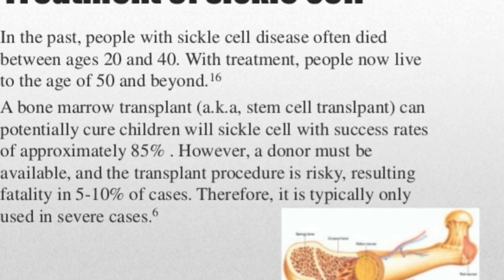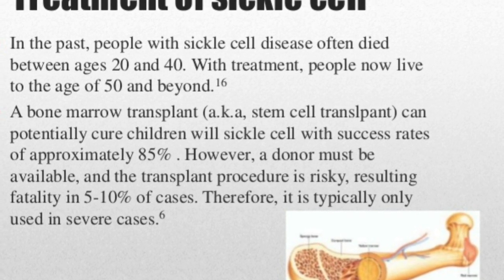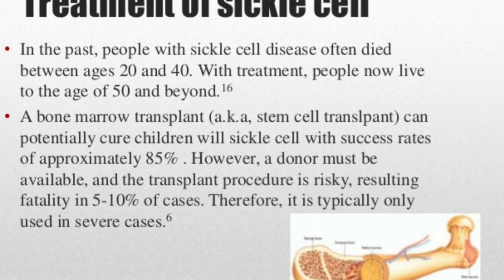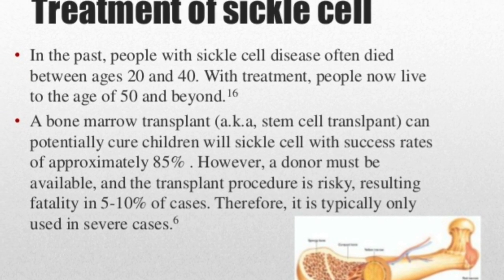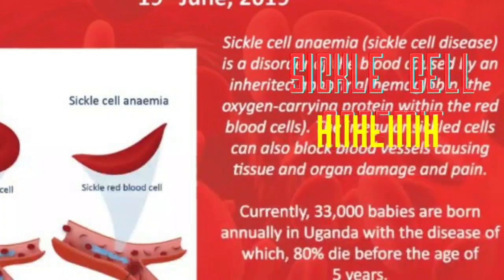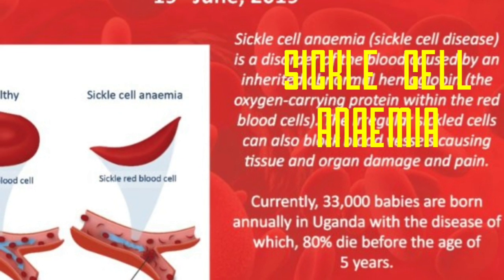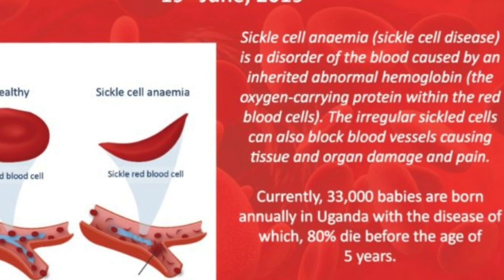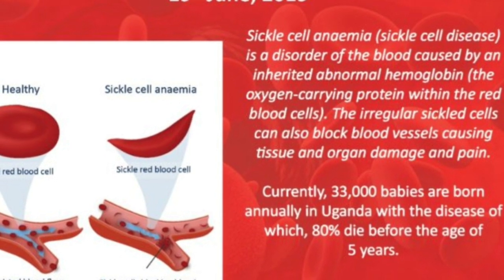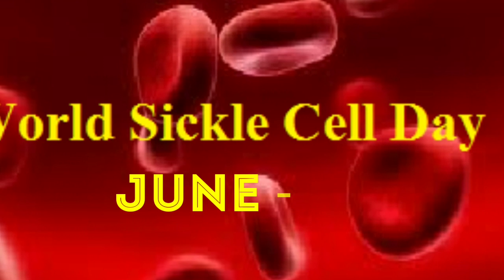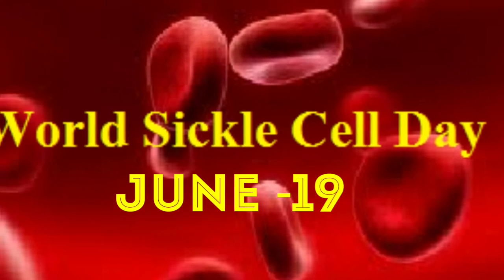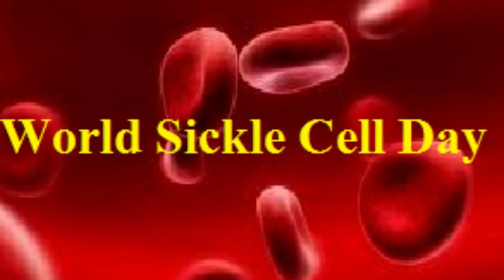A bone marrow transplant can potentially cure children with sickle cell with a success rate of about 85%. Currently, 33,000 babies are born annually in Uganda with the disease, and 80% die before attaining the age of 5. World Sickle Day is celebrated on 19th of June every year.